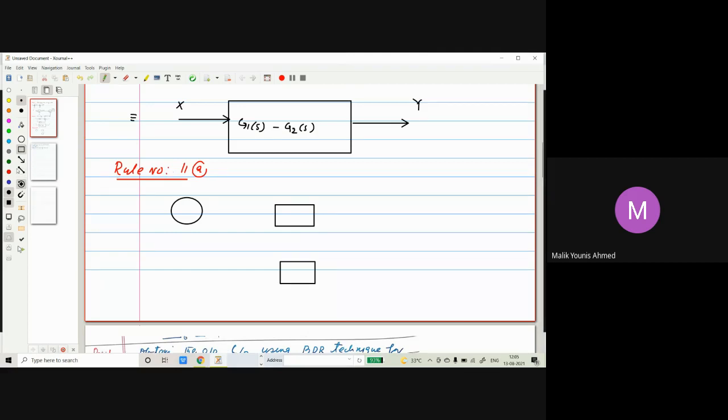This is your summing point. Input signal, error signal from here, output signal.